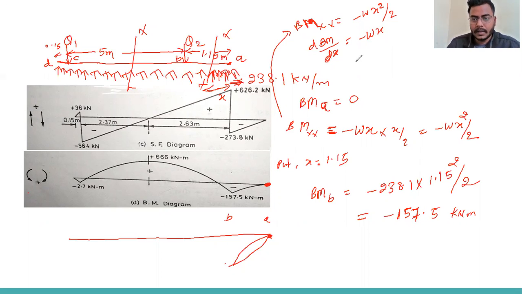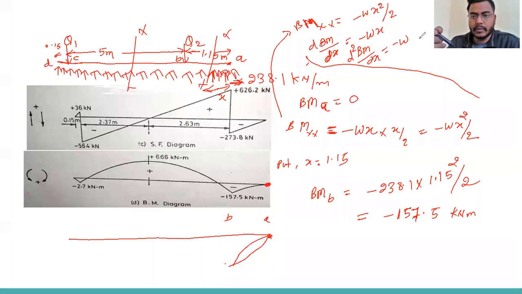Again differentiating, you will get minus W. So what is the meaning of this? This is the double differentiation of bending moment with respect to x, d squared M by d x squared, and it is negative.